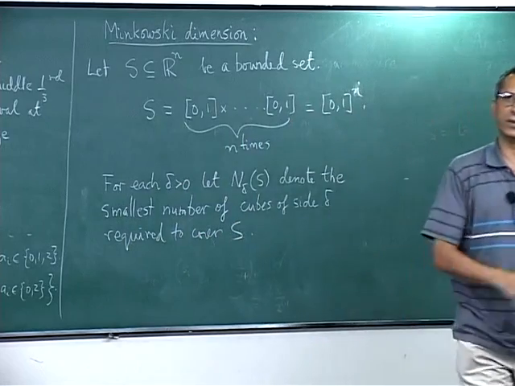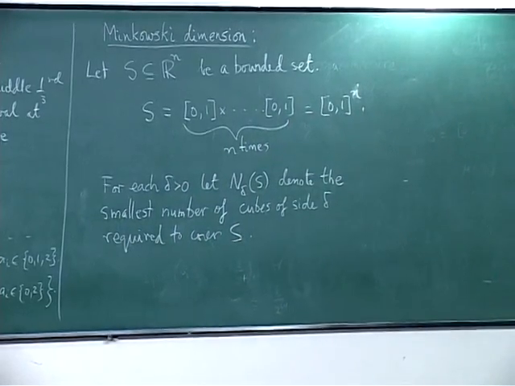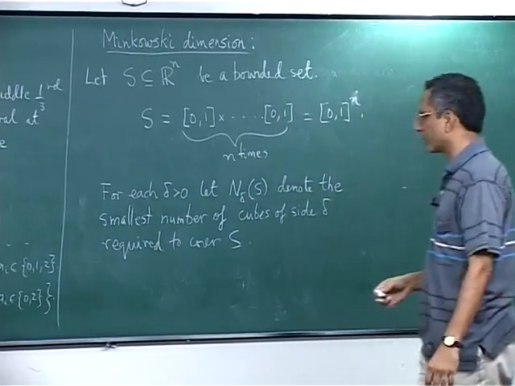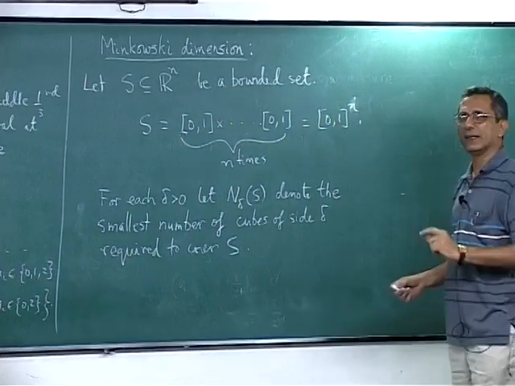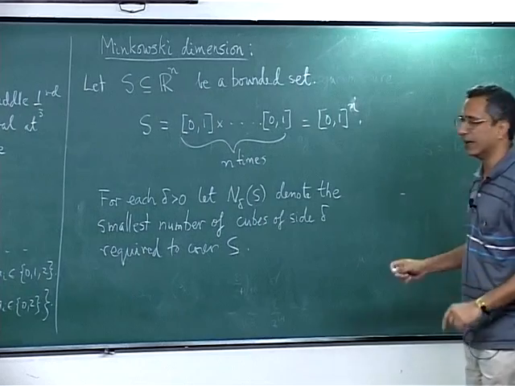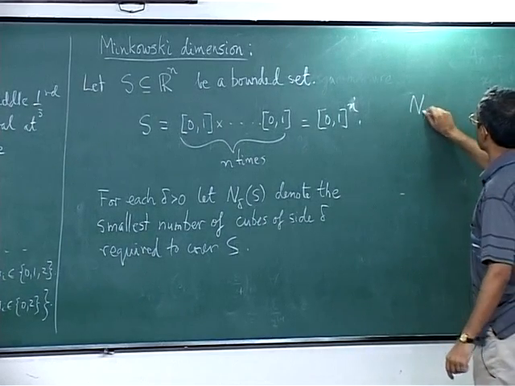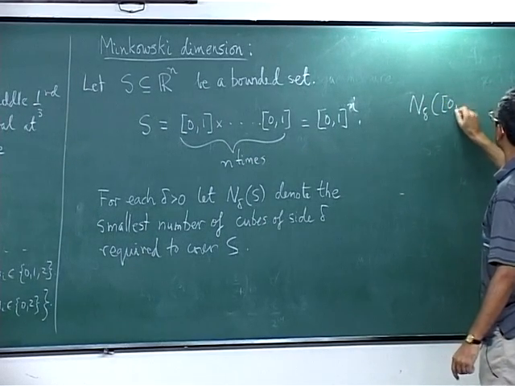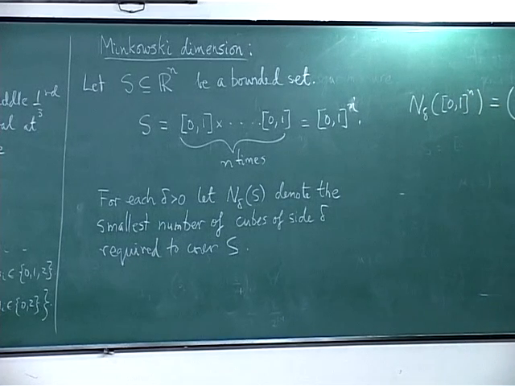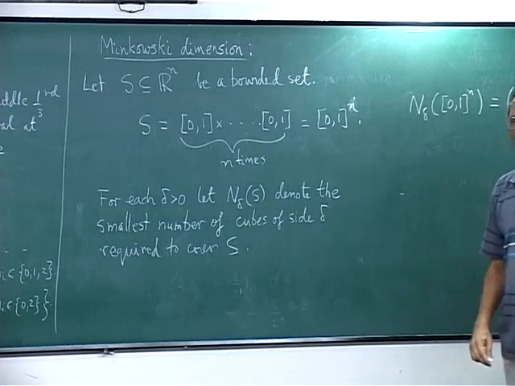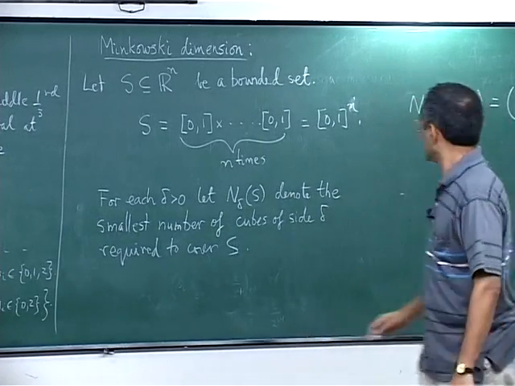So cover in the same sense. What is the smallest number of cubes that are required to cover S? In all, 1 by delta to the power n. So I know that N_delta of [0,1]^n is 1 by delta to the power n. Okay.